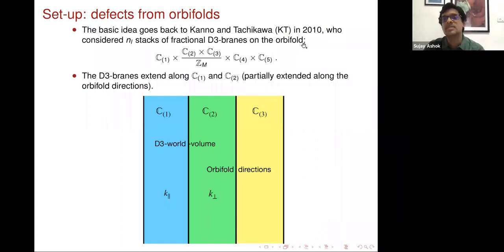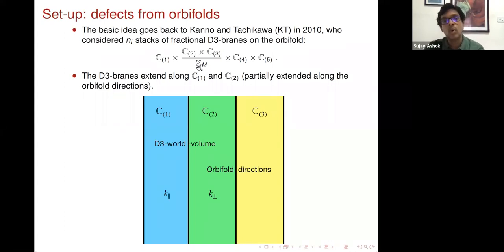What they did was to consider these same Ni stacks of fractional D3 branes on this particular string theory background. Usually, if you recall the old Douglas and Moore constructions of fractional branes, the D-branes were completely transverse to the orbifold.